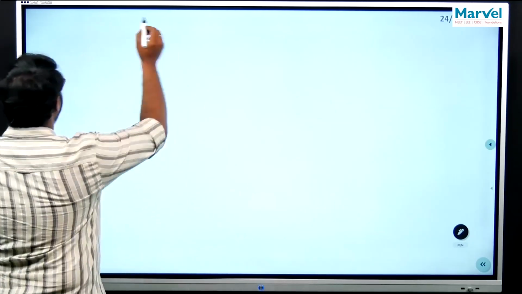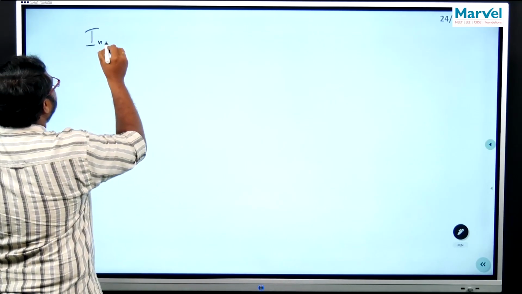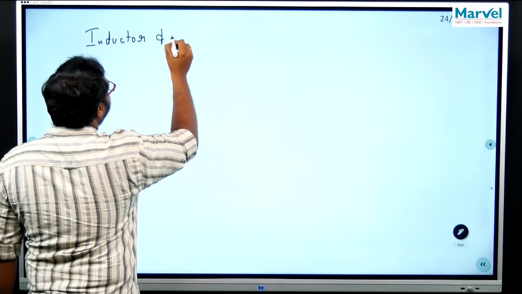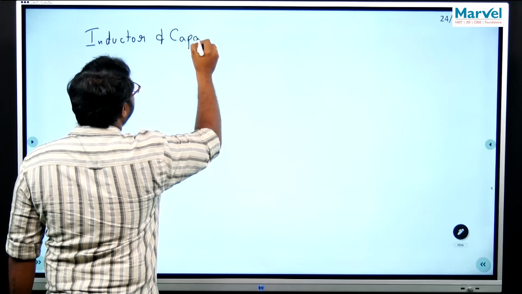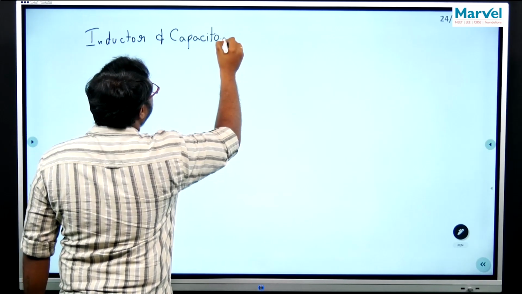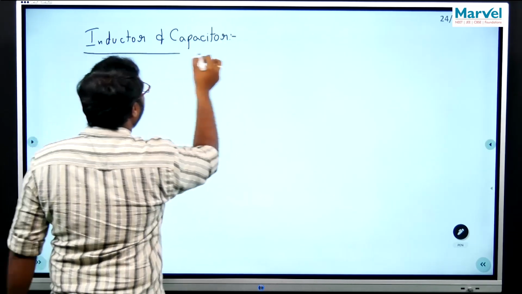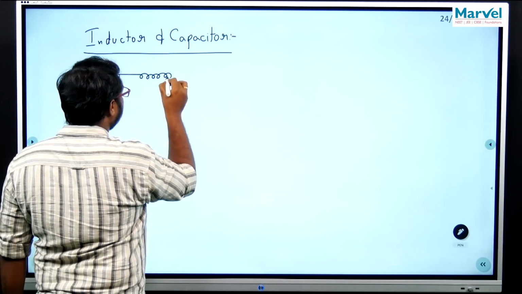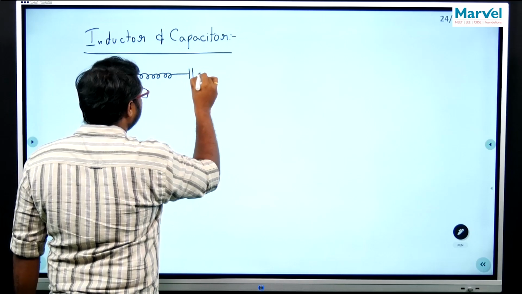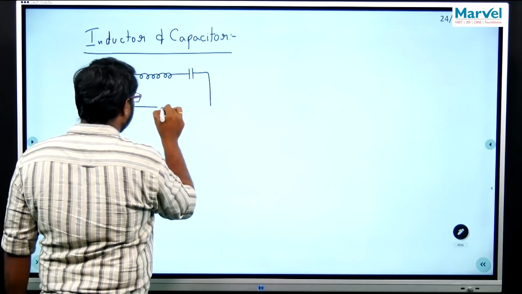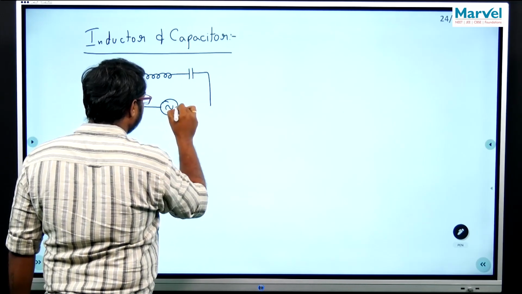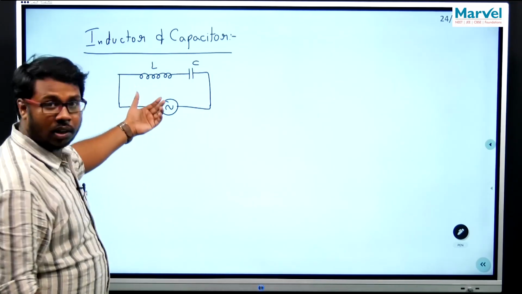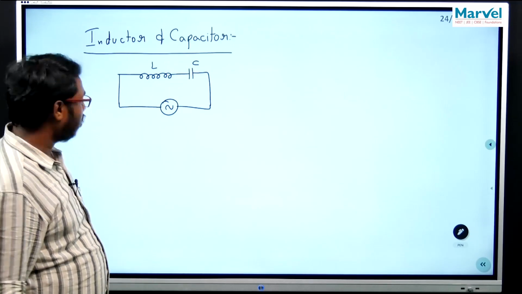See, what happens if you pair the inductor and the capacitor? This is L and this is C. This is inductor and capacitor.